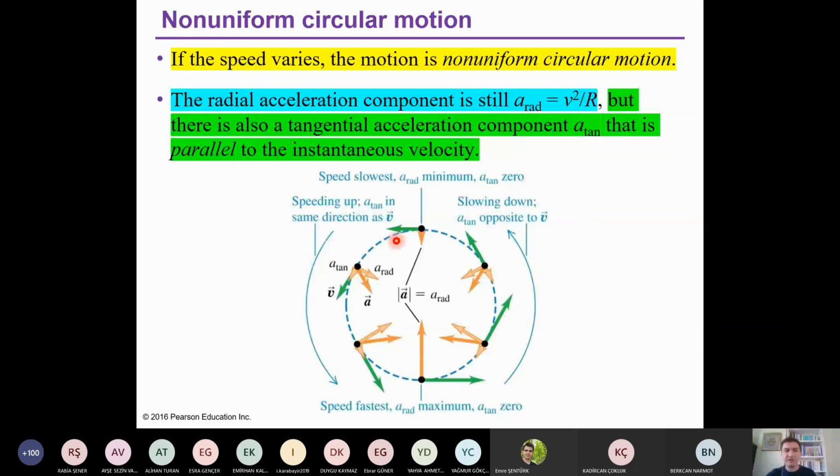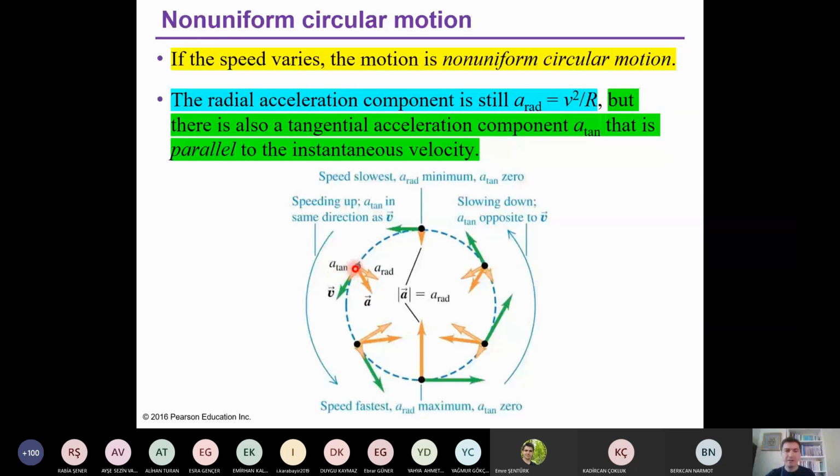So let's consider that here the car has the slowest speed, and then it is speeding up along this path, and it reaches its maximum speed here, and then its speed is slowing down, and it reaches the minimum speed again, okay? So here we have speeding up behavior, here we have slowing down behavior, okay? So now let's have a look at this one.